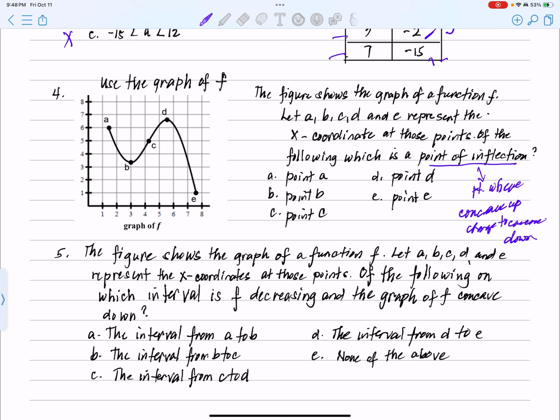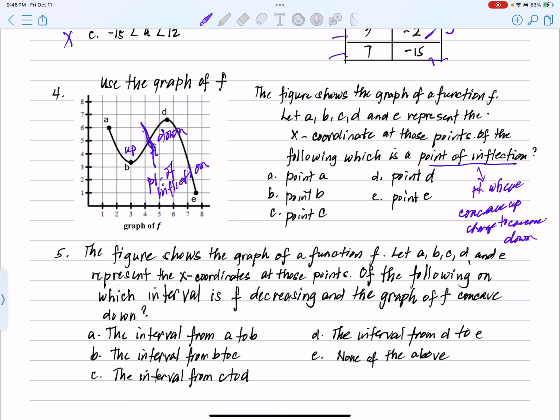So if I look at the graph, I could tell right away that this is the point of inflection, C. It divides the up and the down.